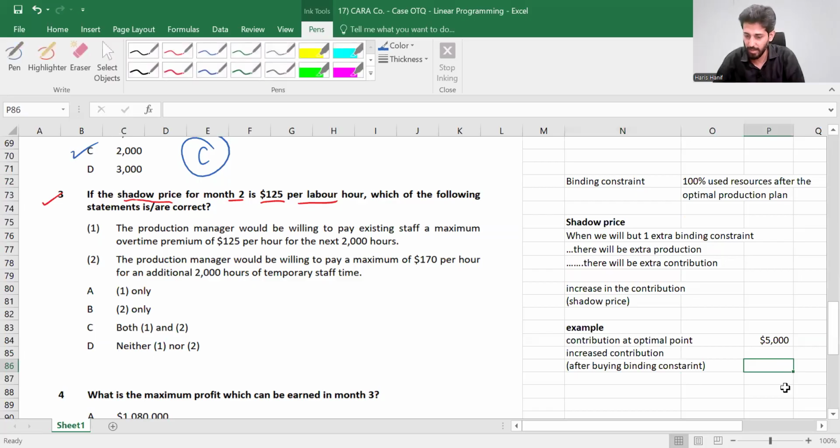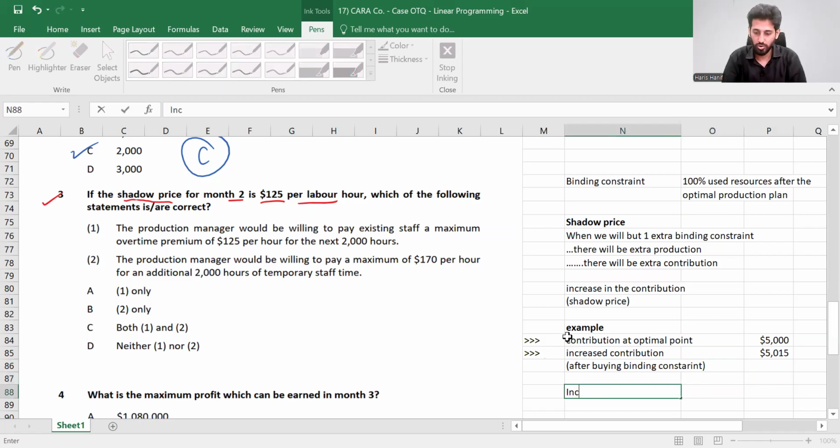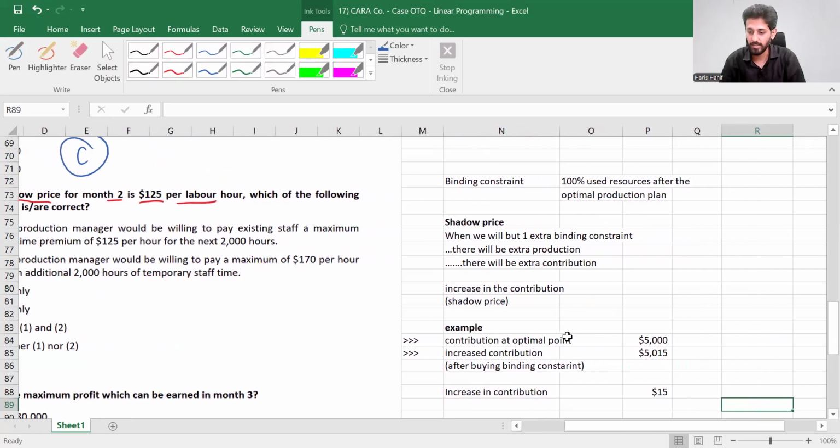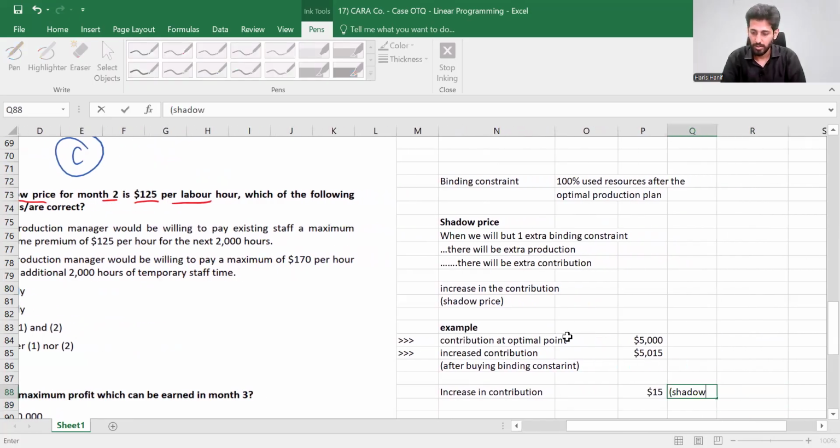Now, let us say, for example, it would be 5015. So how much is the increased contribution? The increase in contribution is $15. And this is called the shadow price, or you can call it dual price.